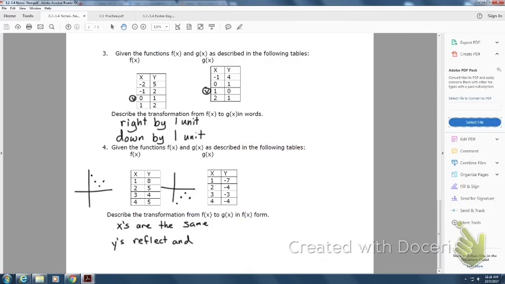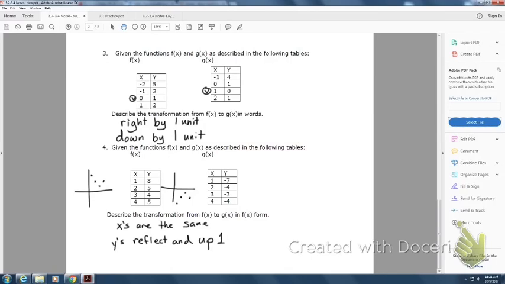But this is saying it's at -7. So it reflected and it also did what? Went up by 1. Okay? Sometimes those can be kind of difficult to see without doing a rough sketch.